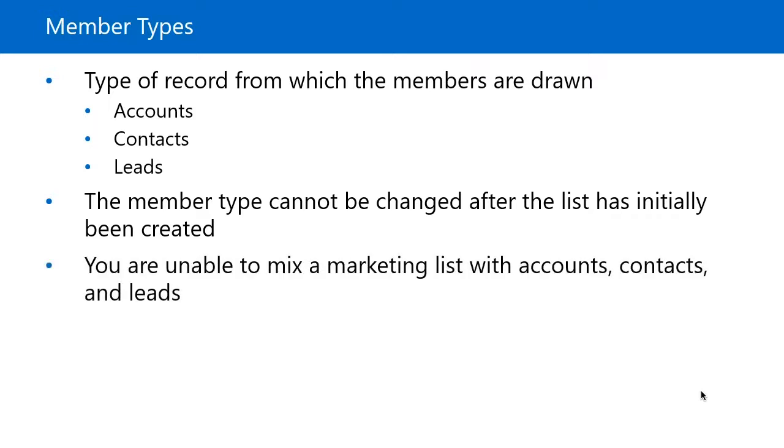Additionally, you cannot mix and match member types on a particular marketing list. In other words, I cannot combine accounts and contacts or contacts and leads or any other combination. I can only have one of these record types. So once you create the marketing list, you cannot change your mind and change it from accounts to contacts. It would be necessary to create a brand new marketing list.